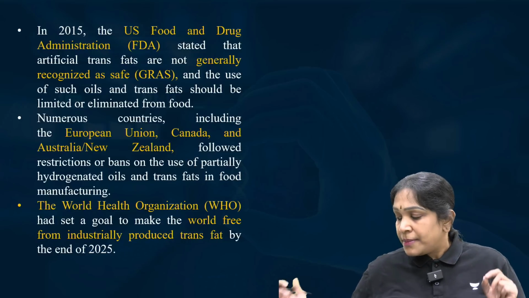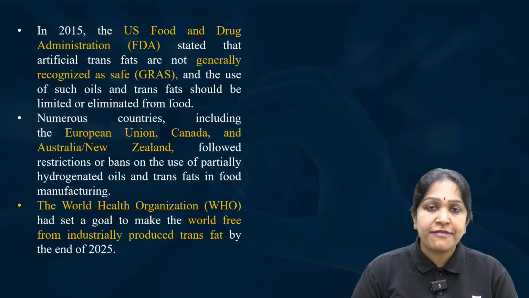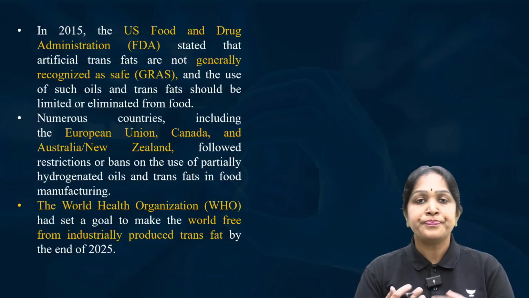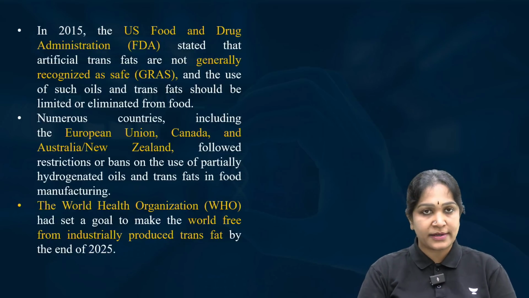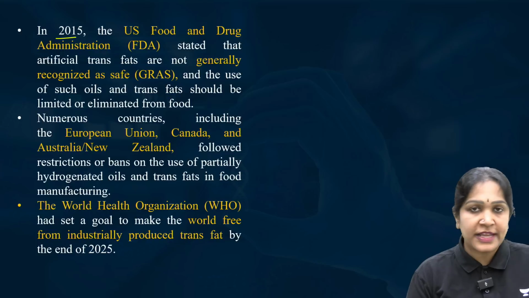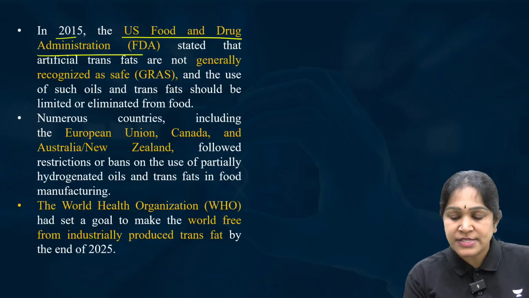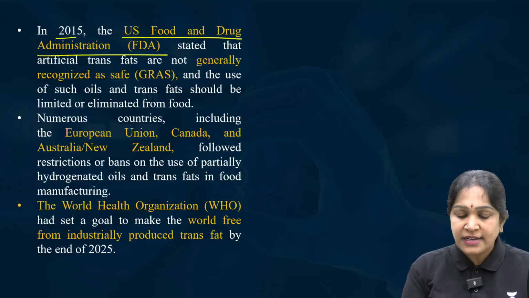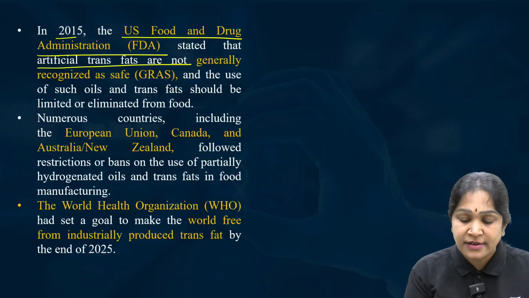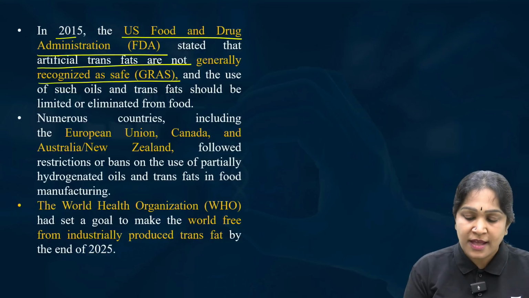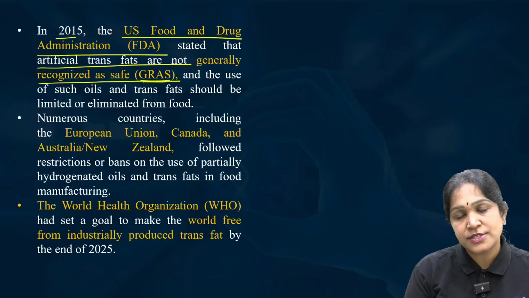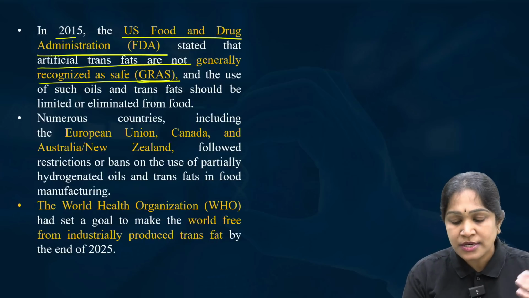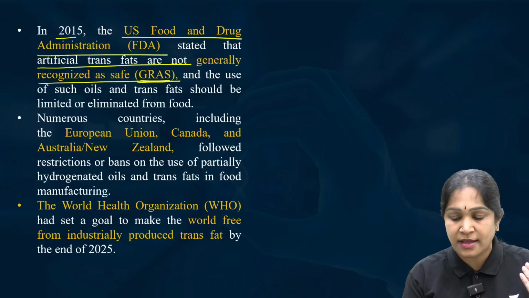Now, because these are unhealthy fats, do we have any initiatives globally to reduce the consumption or regulate the production of trans fats? Let us try to look into that matter. In the year 2015, the US Food and Drug Administration (FDA) stated that artificial trans fats are not generally recognized as safe, not GRAS.